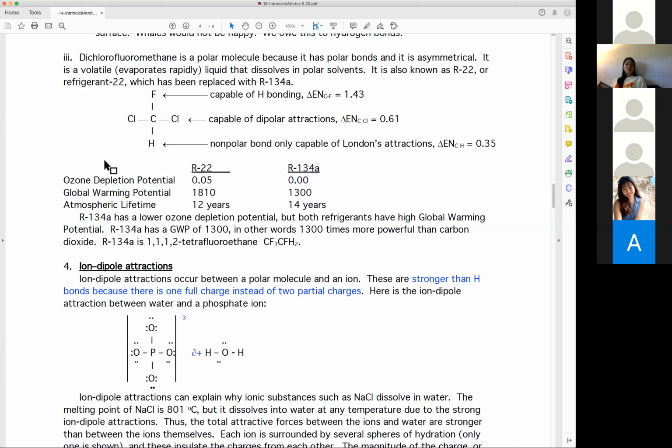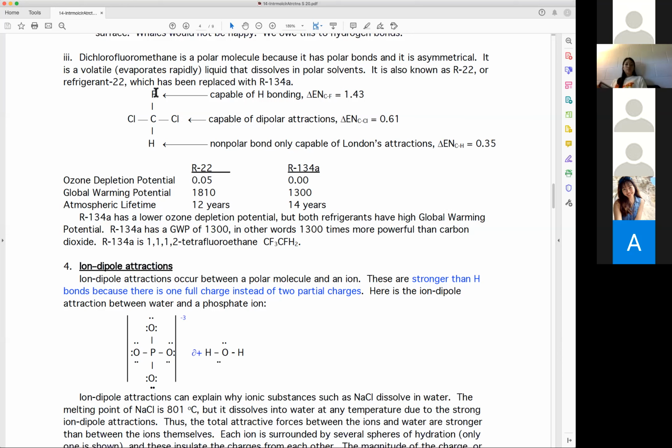And if I examine all the different bonds in R22, this carbon to hydrogen is a non-polar bond because it's only 0.35 electronegativity difference. This carbon to chlorine at 0.61 is capable of being involved in dipolar attractions.